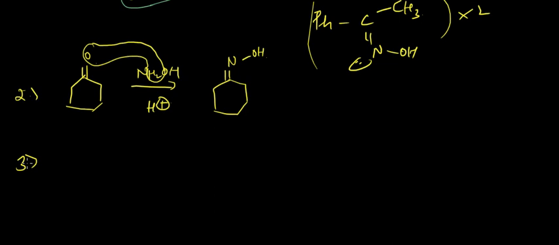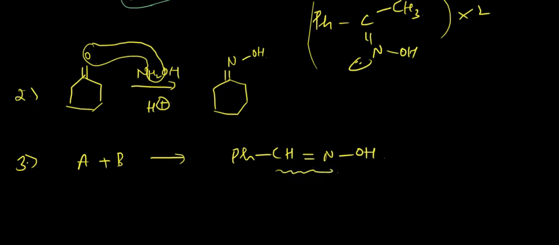Okay, let's see another example. We have products A and B which, on reacting, form this product. So we have to identify compounds A and B. Obviously we have a double bond between the carbon and nitrogen atom.